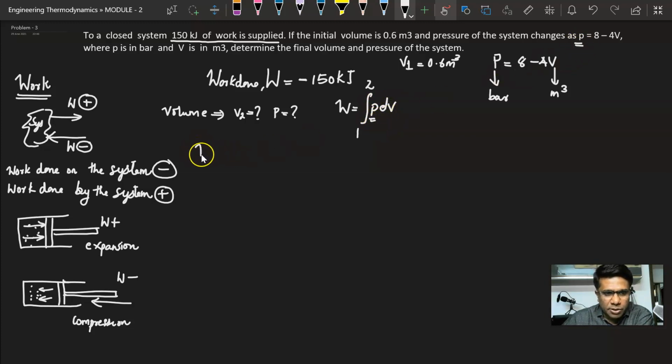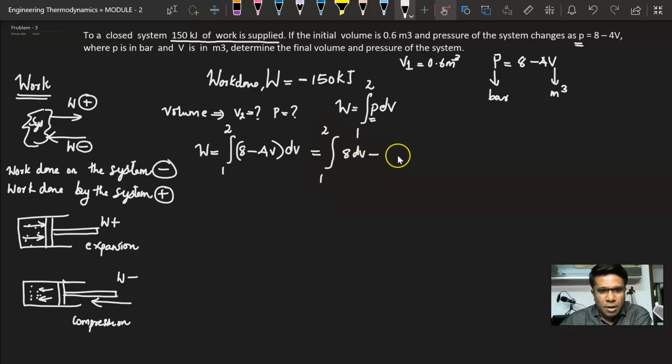So I'm applying this work done W is equal to integral 1 to 2 pdv. I am substituting the value of p there, which is 8 minus 4v into dv. Again, this can be written as integral 1 to 2 8 dv minus integral 1 to 2 4v dv.